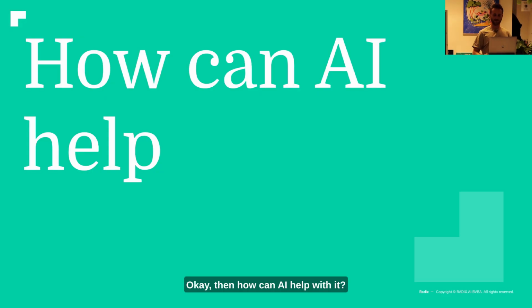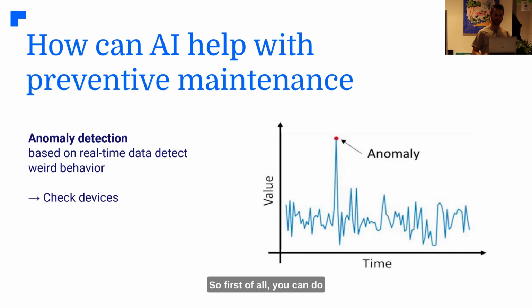Okay, then how can AI help with it? So first of all, you can do anomaly detection. Things don't break down without showing any symptoms in advance. So you can see some small symptoms, and this can be detected with anomaly detection. Anomaly detection is like a sub-branch in the AI where you try to detect weird behavior on the data that you have today.